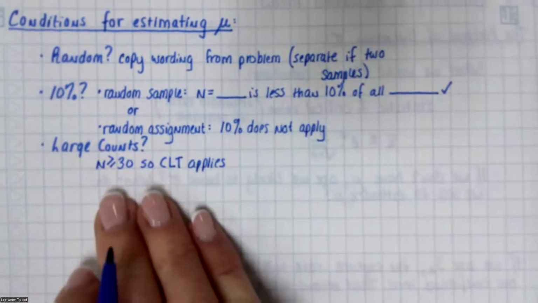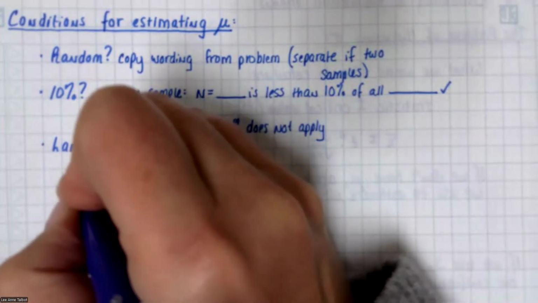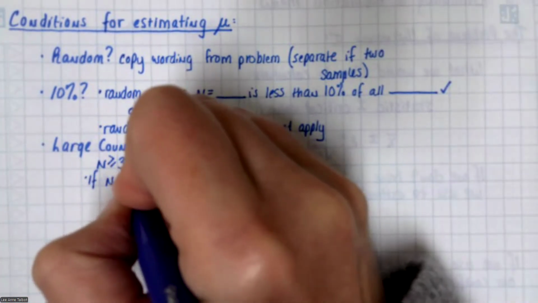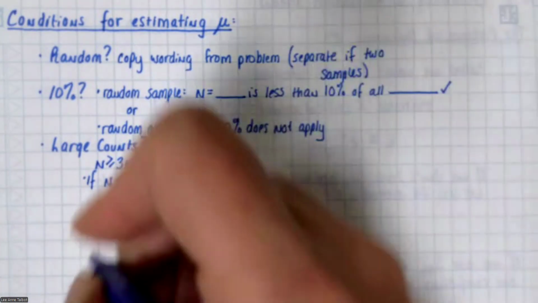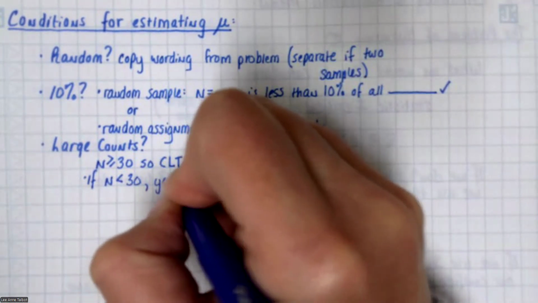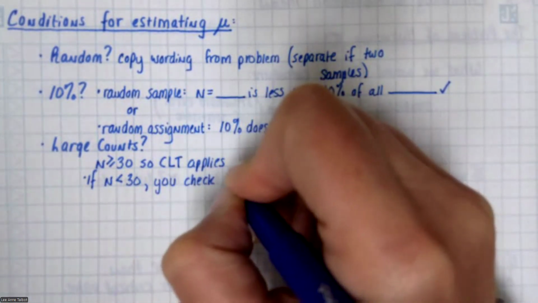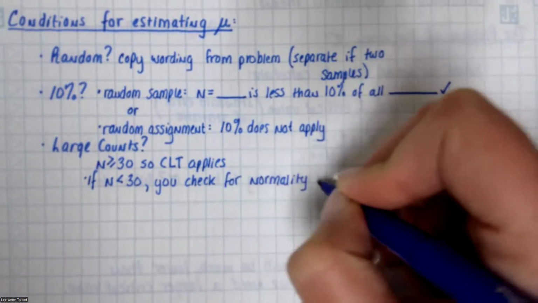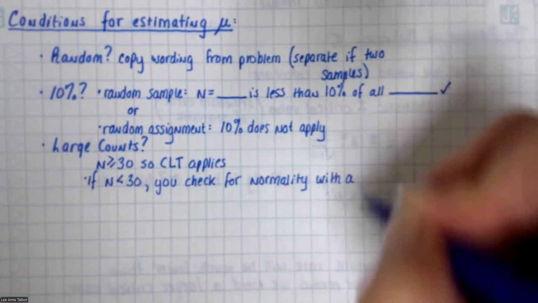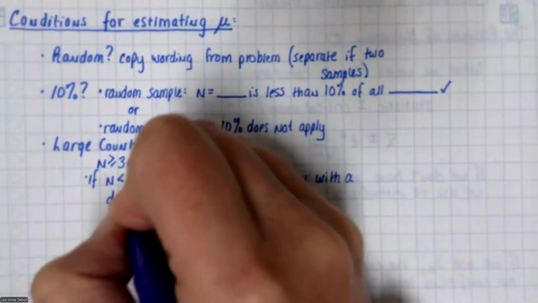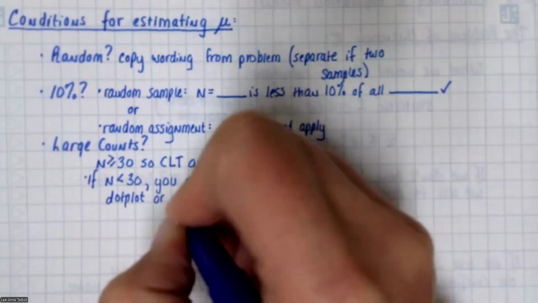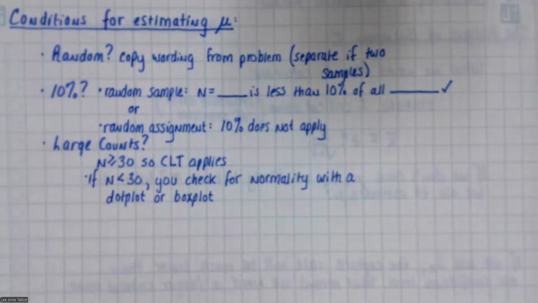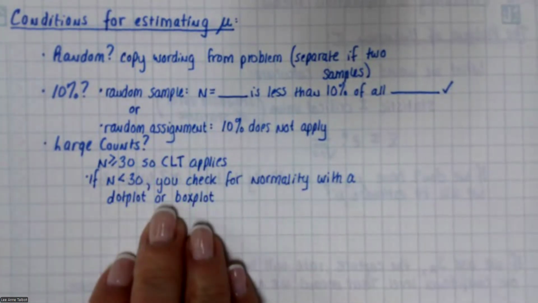Okay, now this is new for chapter 10. If n is less than 30. And this is going to be an annoying part of this chapter, but it's easy.